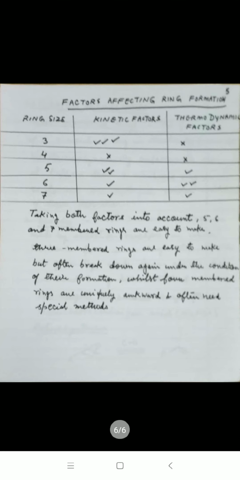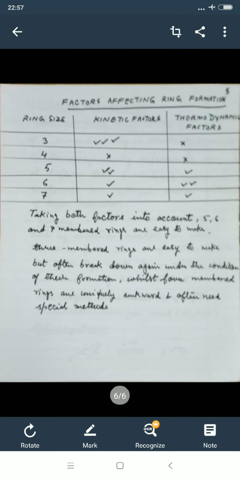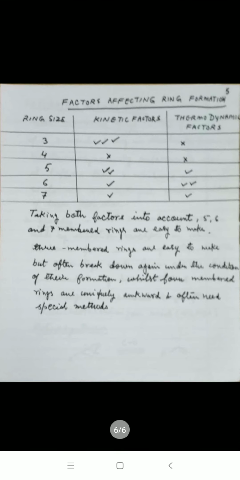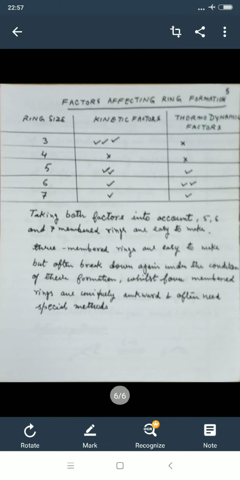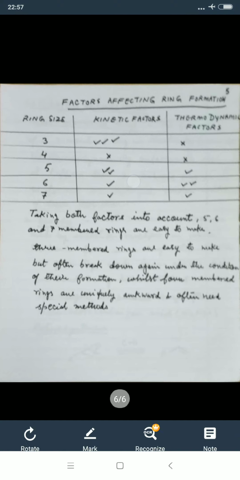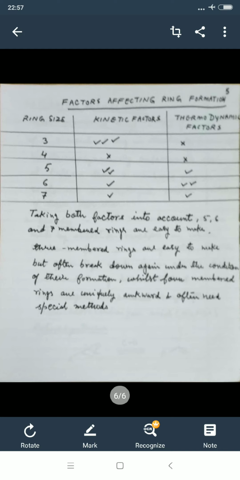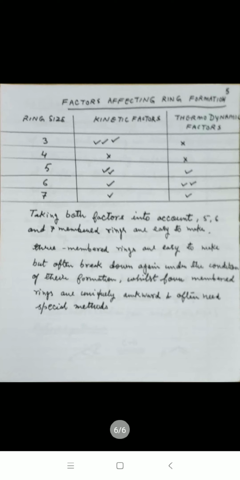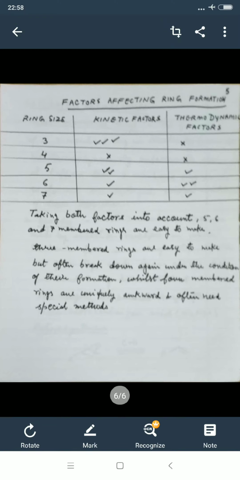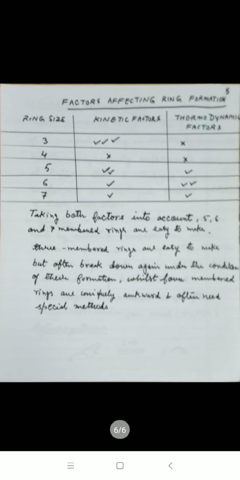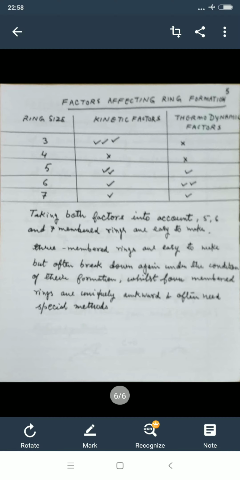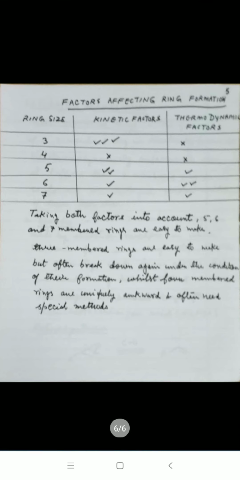The 5-membered rings, kinetically it is favored somewhat more as compared to the thermodynamic, and in the 6-membered ring it is reverse as compared to the 5-membered rings, that is kinetically it is favored one time and thermodynamically it is favored twice. So a 5-membered ring will be kinetically favored for the formation over the thermodynamic factor, and in the 6-membered ring thermodynamic factor will be dominant over the kinetic factor. Taking both the factors into account, 5, 6 and 7-membered rings, and in the 7-membered rings they are equally favored.